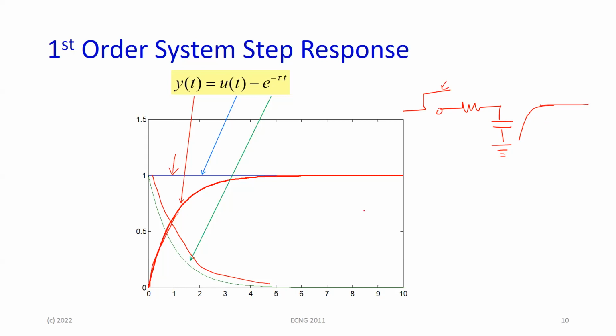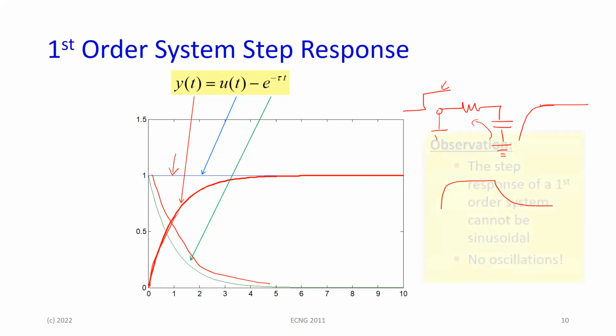And then if I remove this step voltage and put this back down to ground, the capacitor will discharge, and if it charged up, it will discharge as an exponential. So that's our first order step response.